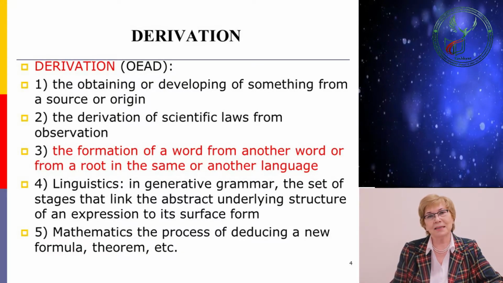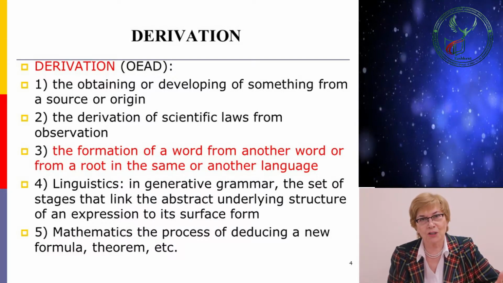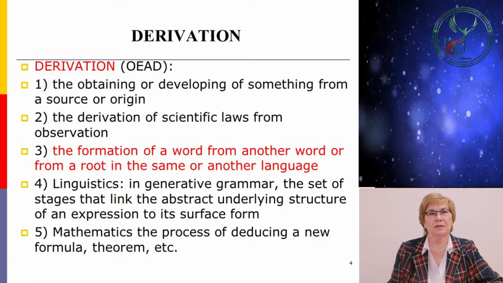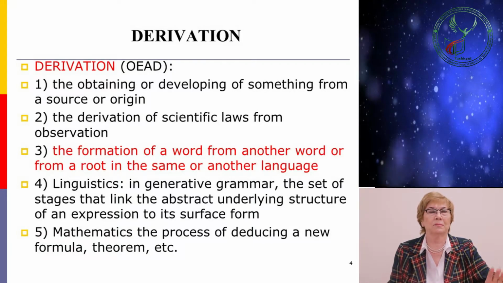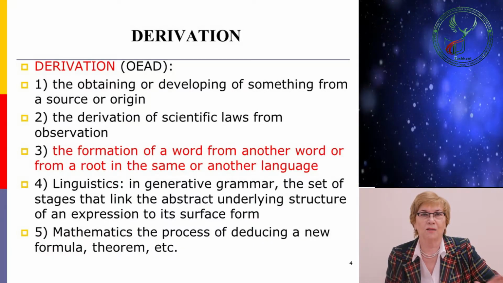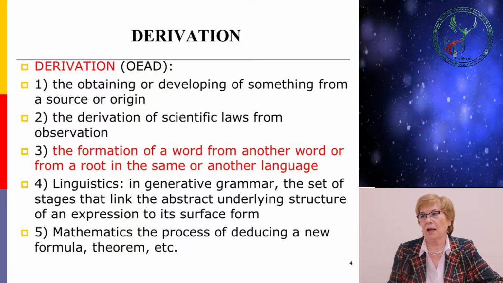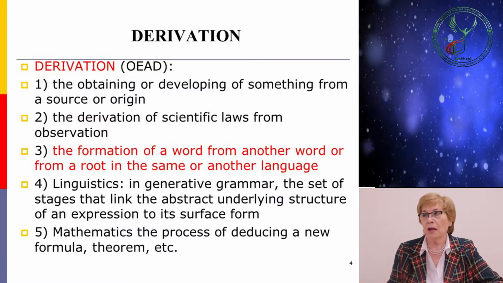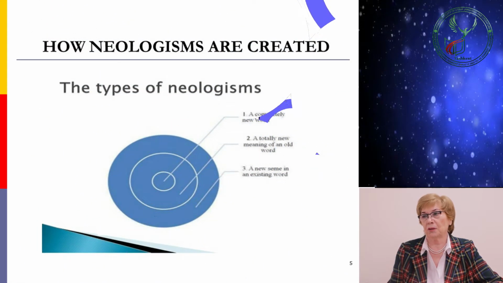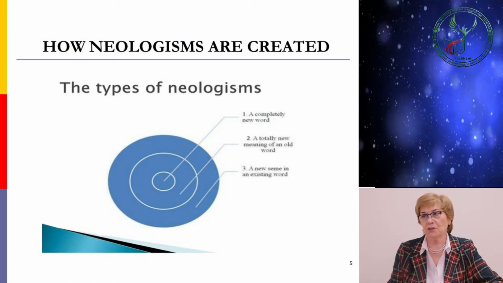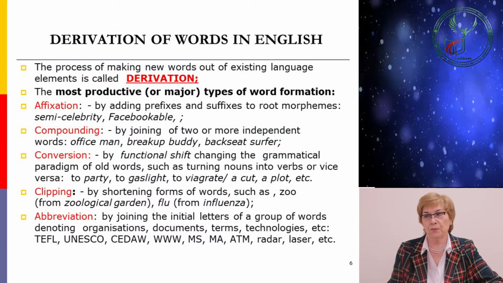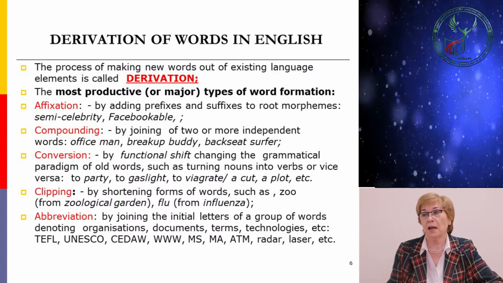Okay, but when it comes to morphological derivation, then here we have words created by about 14 ways, 14 patterns. So as we have already mentioned, here we just review the productive types of word formation, which are affixation, by adding prefixes and suffixes to the root morphemes, of course.